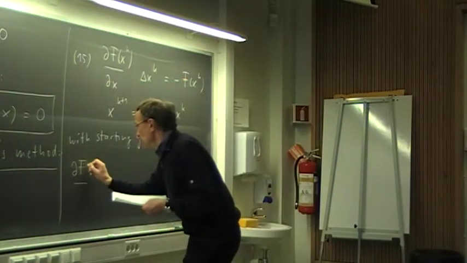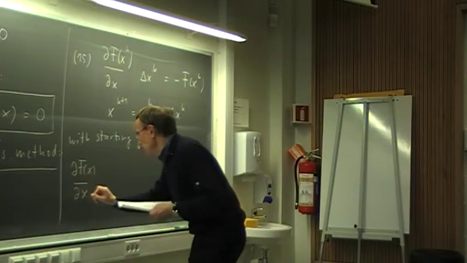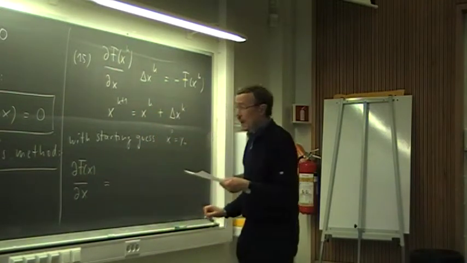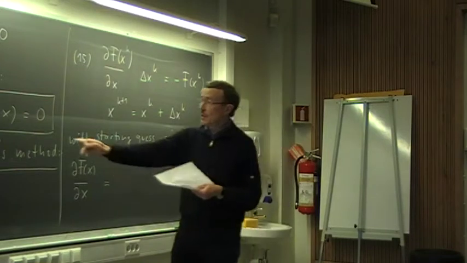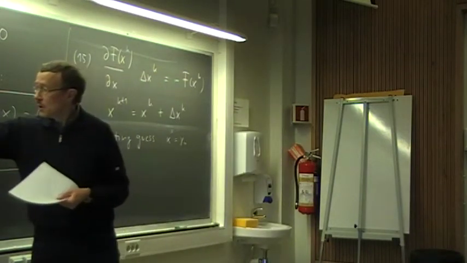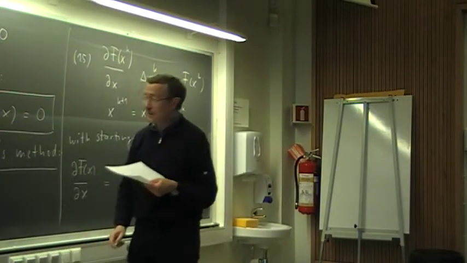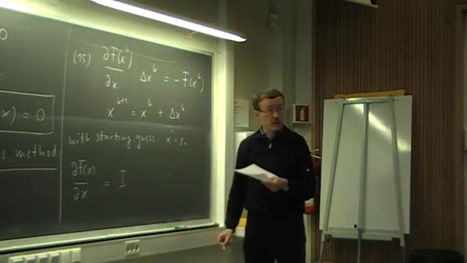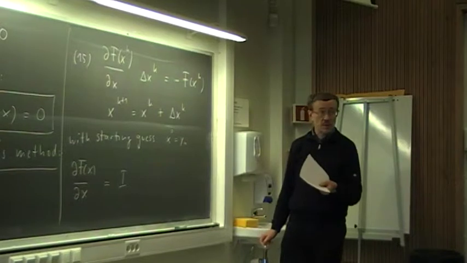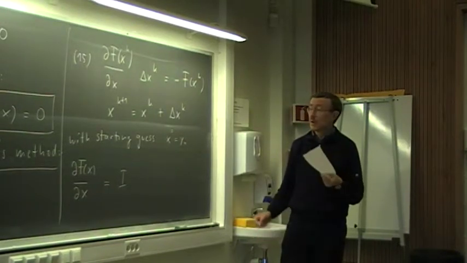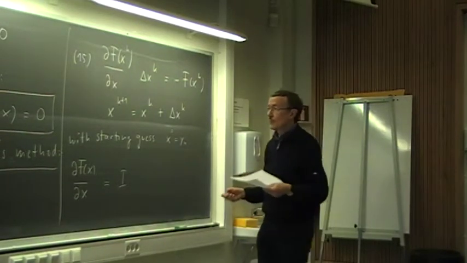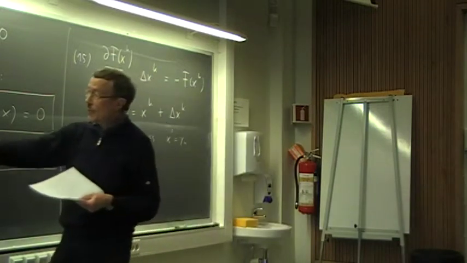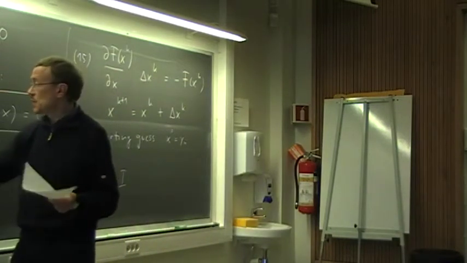So we can write that, df of x with respect to x. Then we see here how it is defined. Here x is contained. So we get what we call the identity matrix if we have a system. If we have just a scalar, it's just 1. That comes from the derivative of x with respect to x. That is easy.